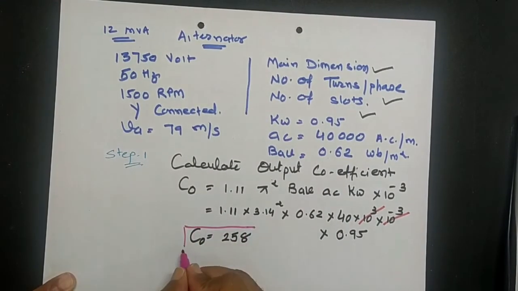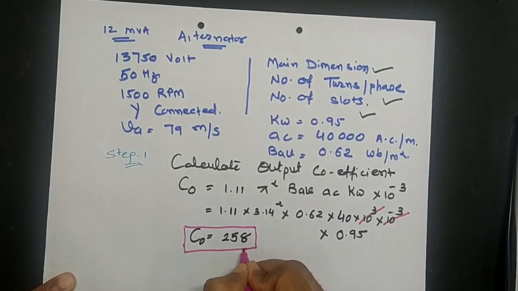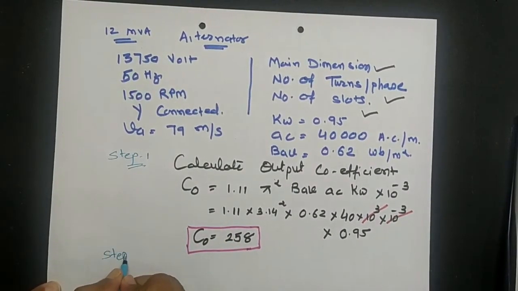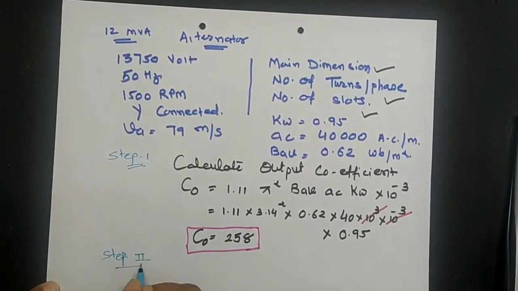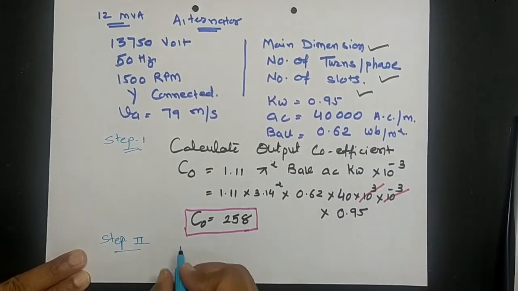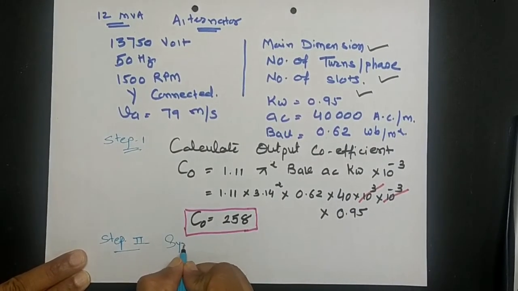So the first step is completed. Now step number 2, to calculate synchronous speed in revolution per second.